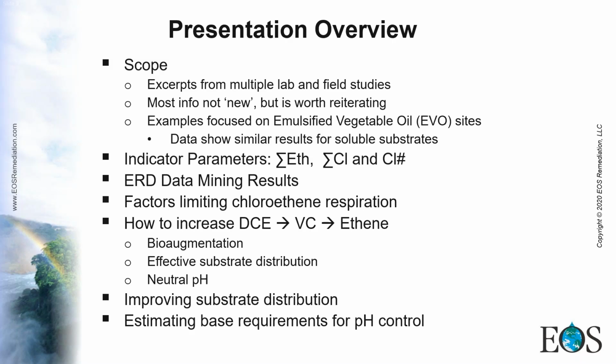I'm going to share with you some data mining results from some large-scale monitoring projects, and then we'll dig into the microbiology a little bit more about what the factors are that appear to limit DCE conversion to vinyl chloride and ethene. And then finally, if I have time, this will be the second half of the presentation, I'll dig into the details about how to actually improve substrate distribution and how to adjust pH to where you need it.